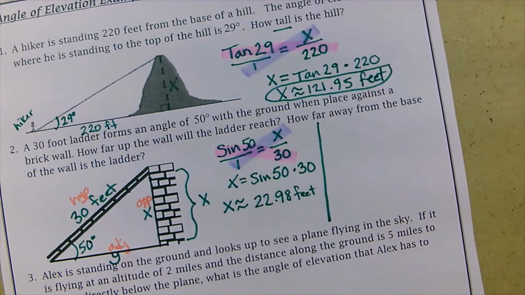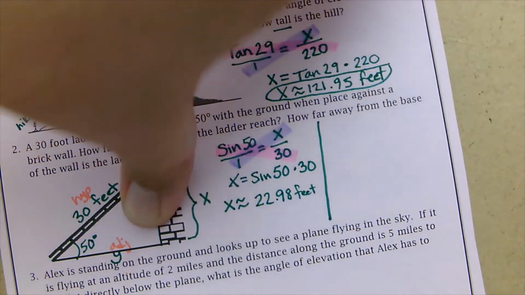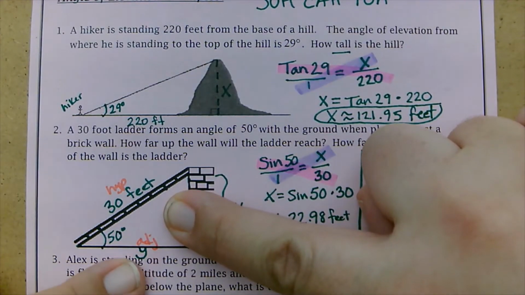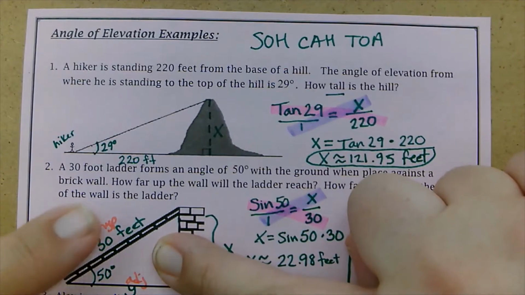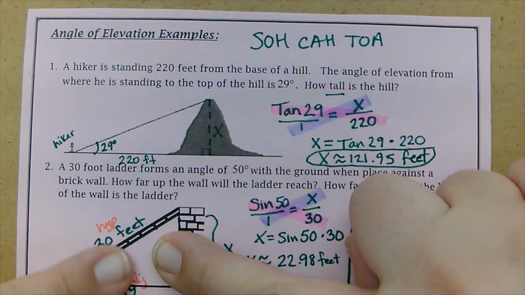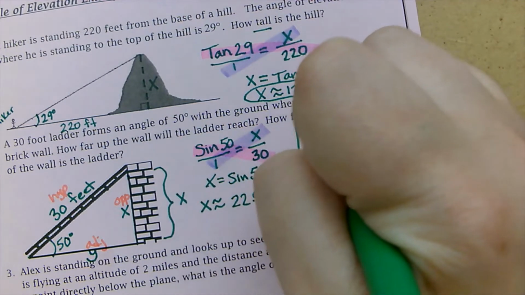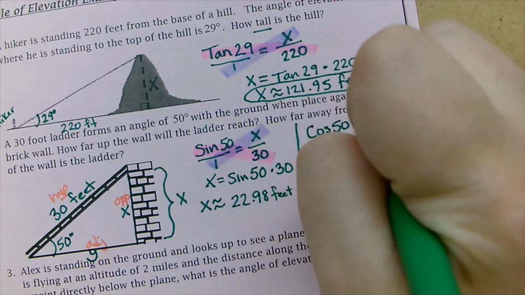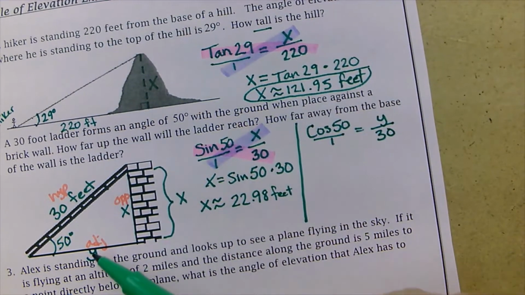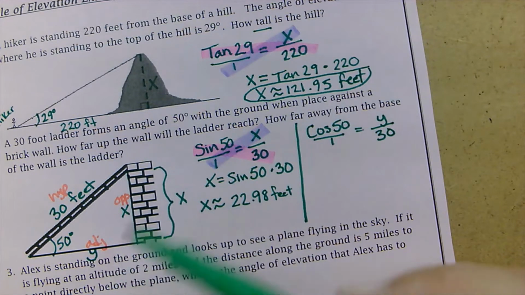Now, to find Y, let's cover up the X. I want the adjacent side, and I have the hypotenuse, so now I'm going to be looking at cosine. So if I do cosine of 50, it's going to equal Y over 30. If I'm looking at a different side, but still from the same angle, I can use a different trig function to find a different side.